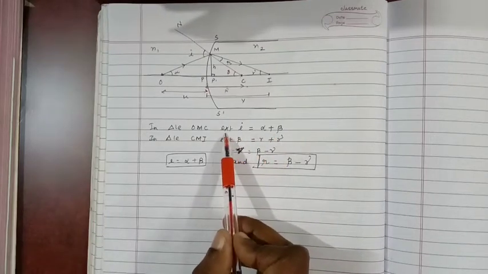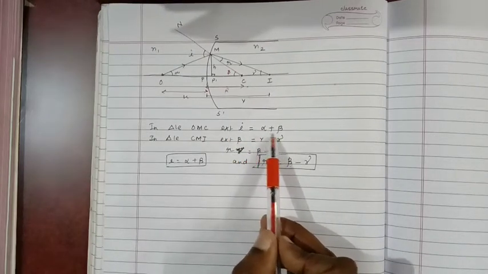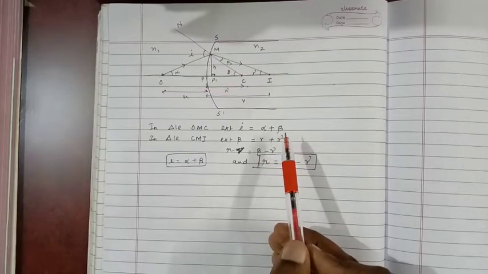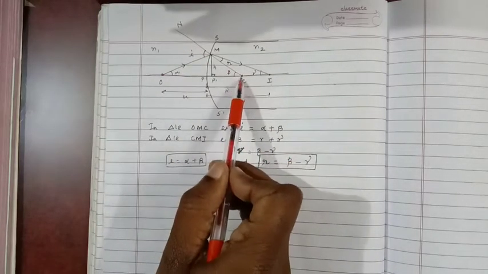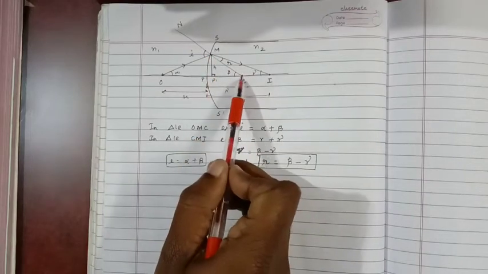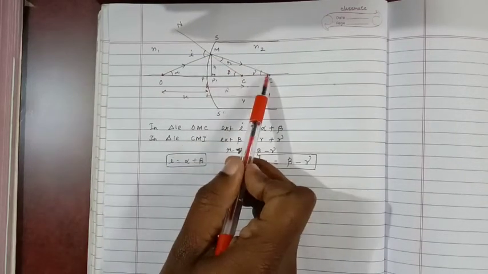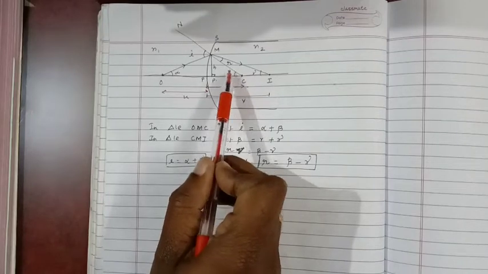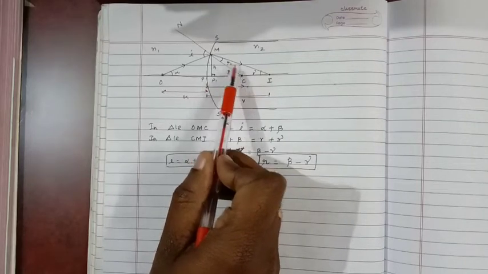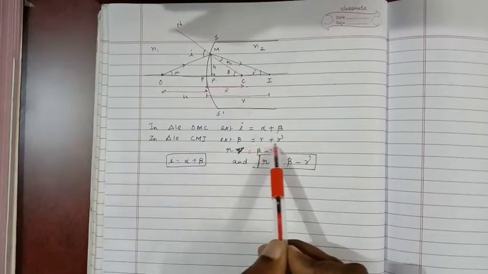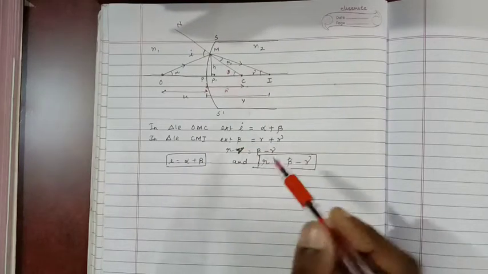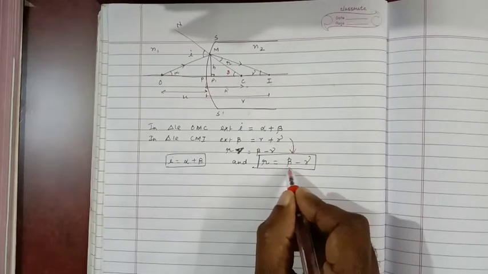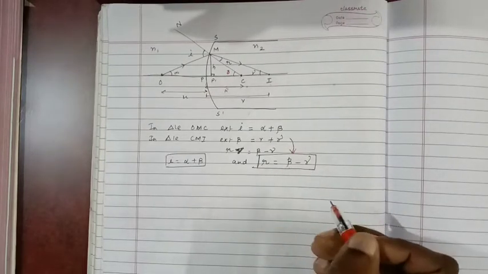So I have written here: exterior angle I is alpha plus beta. Again, in triangle CMI, the exterior angle beta is equal to the sum of R plus gamma. So this implies R is equal to beta minus gamma.